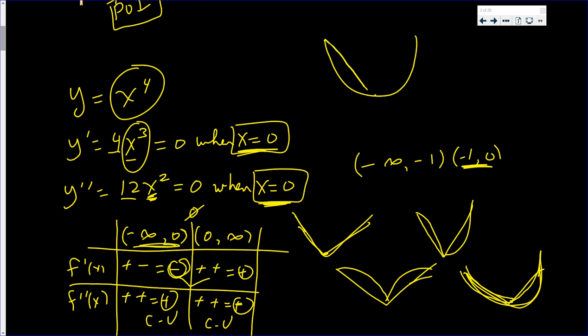My slope is negative, then my slope is positive. And it turns out when my slope was negative, that I'm concave up. That's what motivated me to go this way. And then when my slope was positive, I was concave up. That's what motivated me to go this way, and for example, not that way. So I get this nice U shape. It's always concave up, so there's no point of inflection.